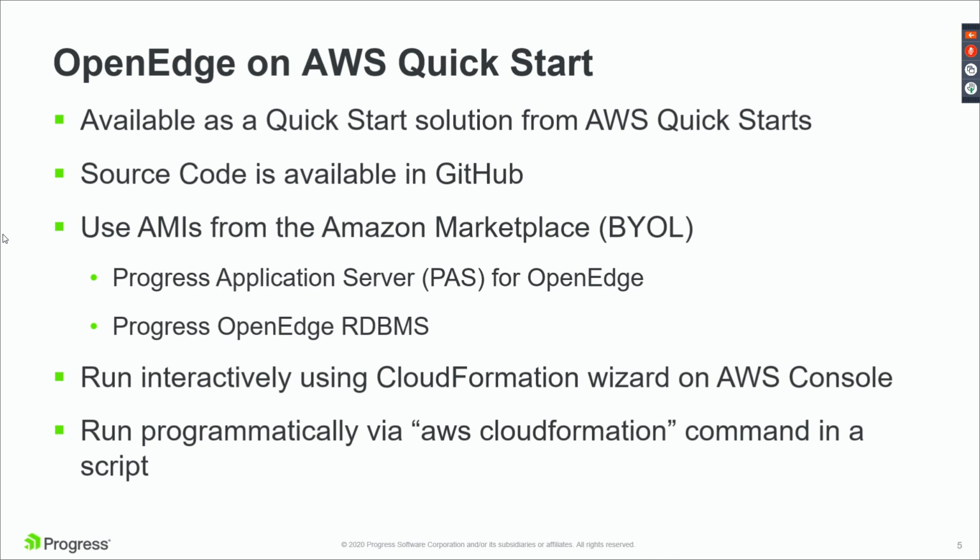This is something that you would put in a script, and probably something that you would do for a CI/CD pipeline. So you want to have a CI/CD pipeline where you do your build, your test, and then your deployment. Well, that deployment step can be implemented programmatically with the AWS CloudFormation command.